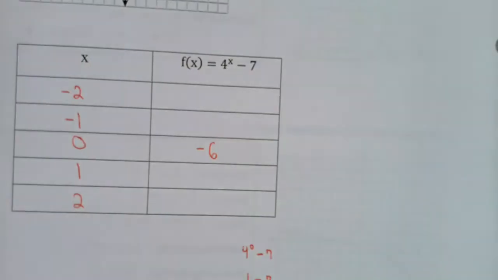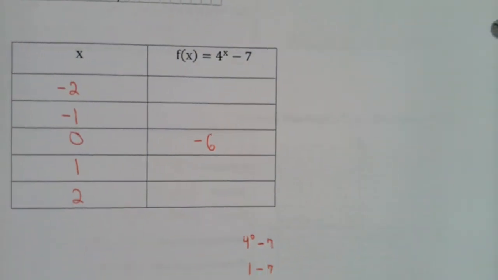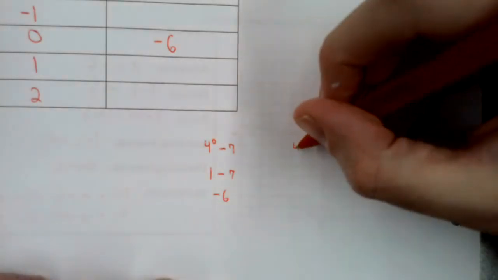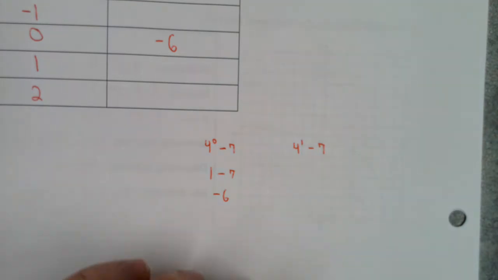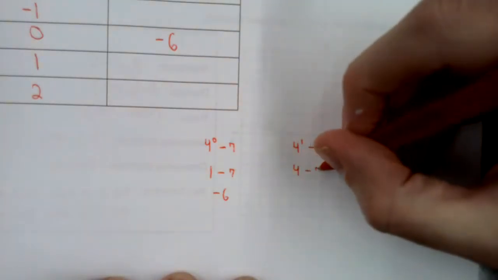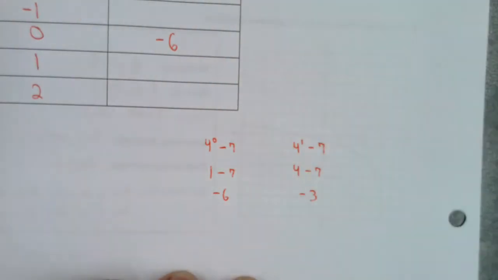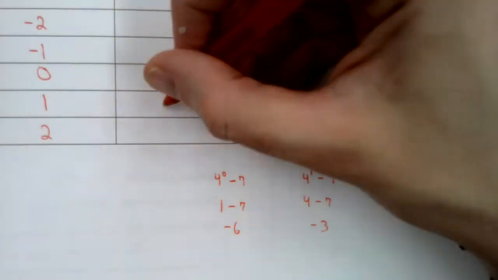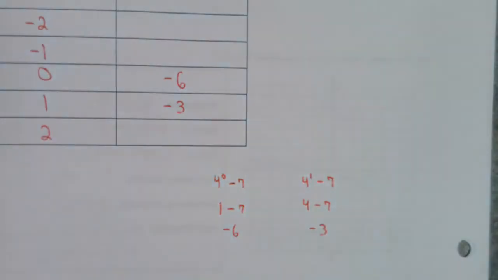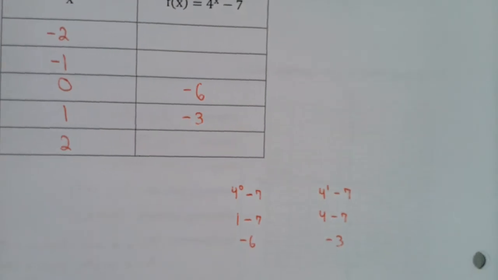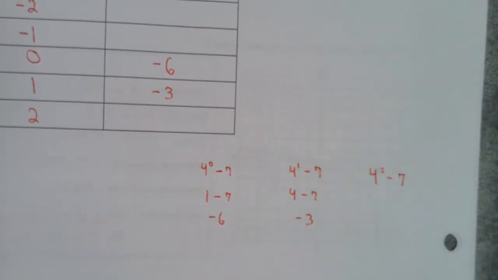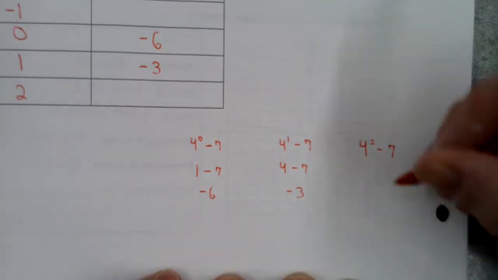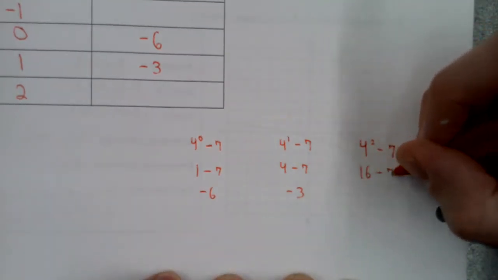Let's do 1 because that one's easy. 4 to the first power minus 7. 4 to the first power is just 4. Minus 7 gives you negative 3. Let's do 2 next because that one's also easy. 4 squared minus 7. 4 squared is 16. Minus 7 gives you 9.